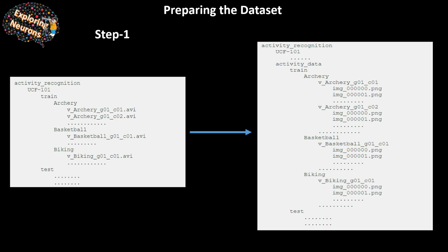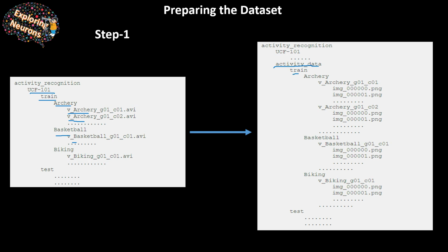So you will have the dataset in this format: UCF101 train. Inside train you have the archery category, and inside archery we have the videos. Then we have basketball and biking, and similarly for the test. In the first step, from this UCF we'll create a new hierarchical data structure, which will be activity data. It will have train and test.